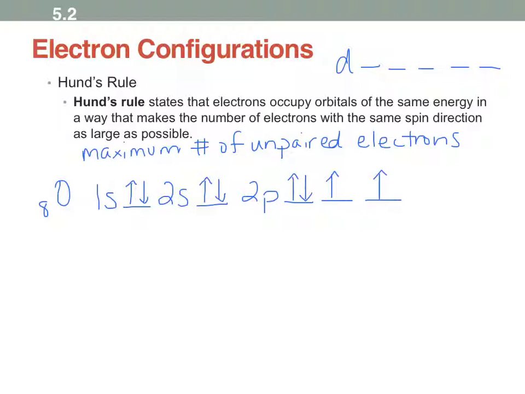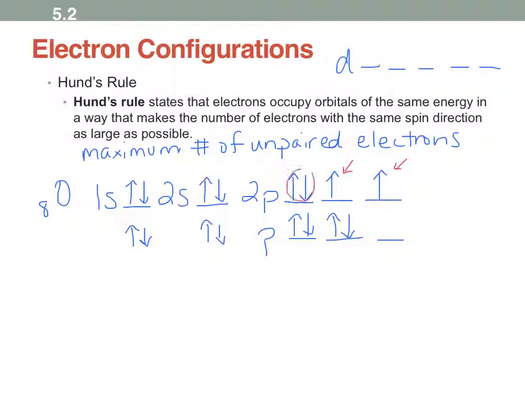If you did not do this, I will erase this, but what you would do is, if you did not get that, you would get these two. I'm not going to rewrite that. And then if you got to this p orbital, what you would do is say 4, 5, 6, 7, 8. So it's going to look like you don't have these unpaired electrons. If you don't know what I'm talking about by the unpaired electrons, it's that electron and that electron right there, the ones that are in the orbital by themselves that aren't paired up.